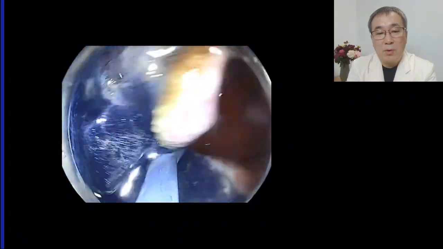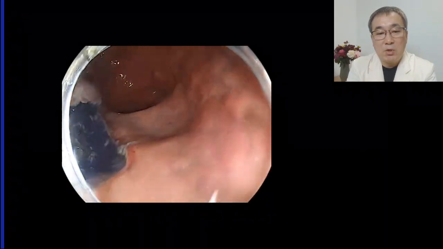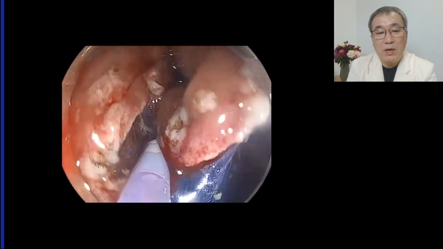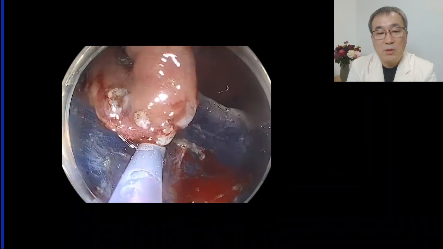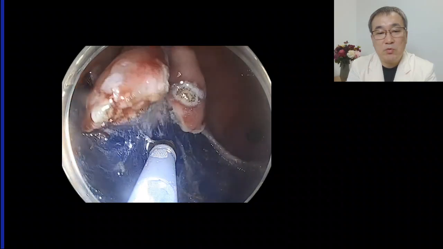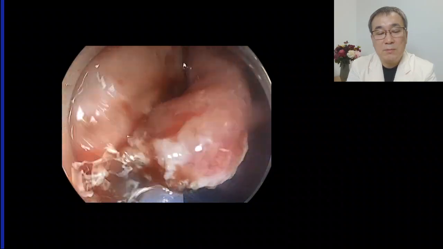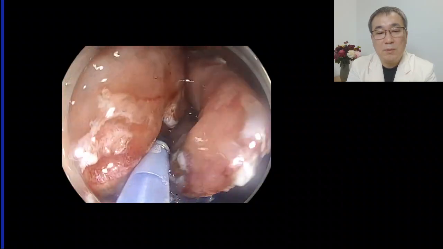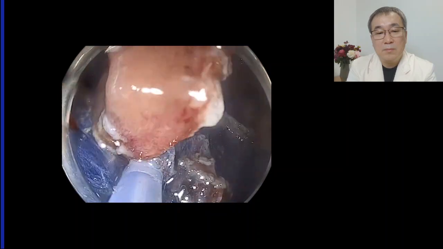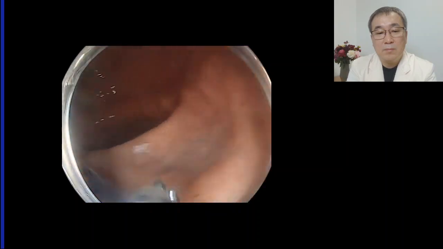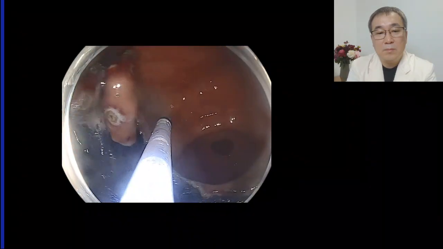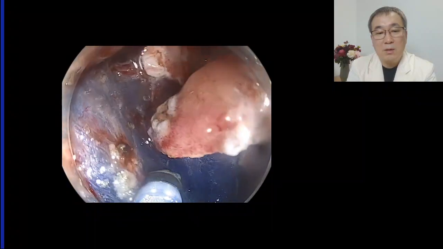Some more submucosal dissection with hooking function. Traction is possible due to the hook. Okay, almost done.